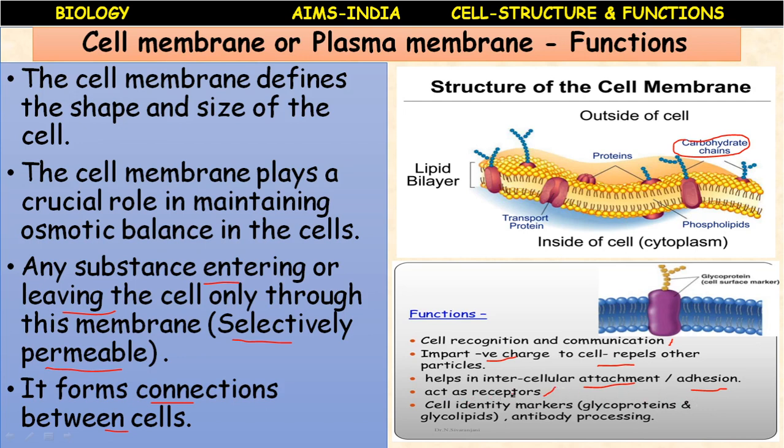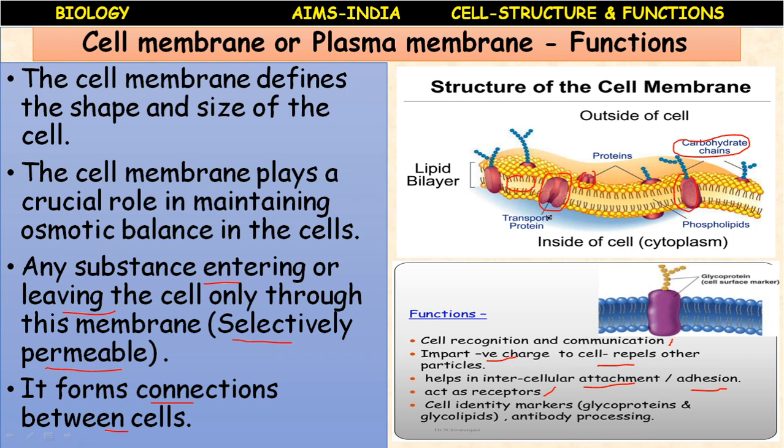Then cell identity markers. Particularly these proteins, these brown colored structures, are glycoproteins. That's why carbohydrates are attached to them, and that's why they are called glycoproteins. And these lipids are glycolipids.